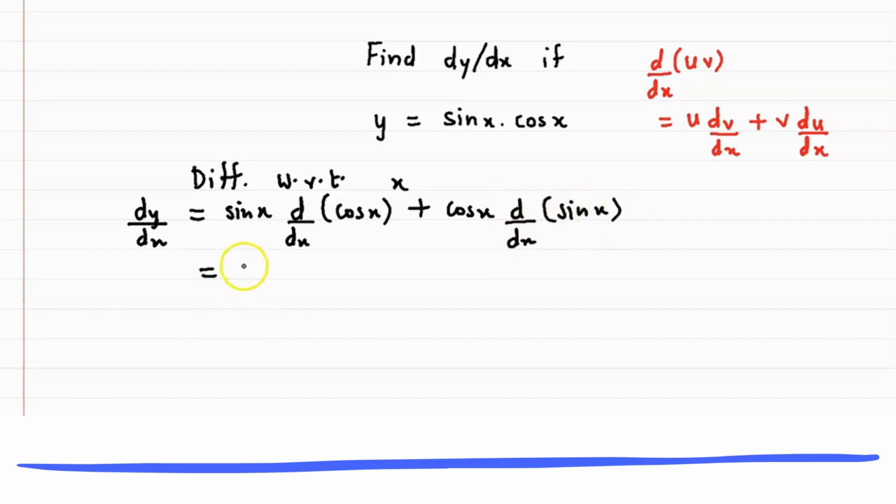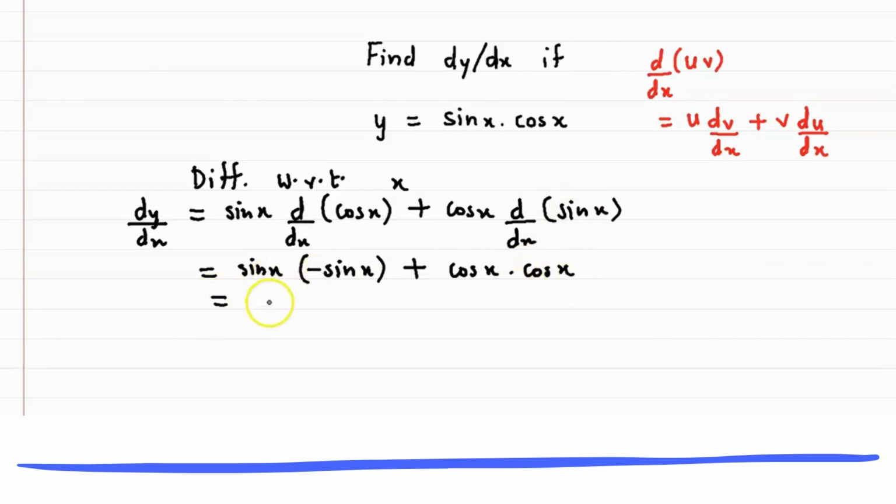Now proceeding further, we get sin x into, now the derivative of cos x is negative sin x, plus cos x into the derivative of sin x, which is cos x.